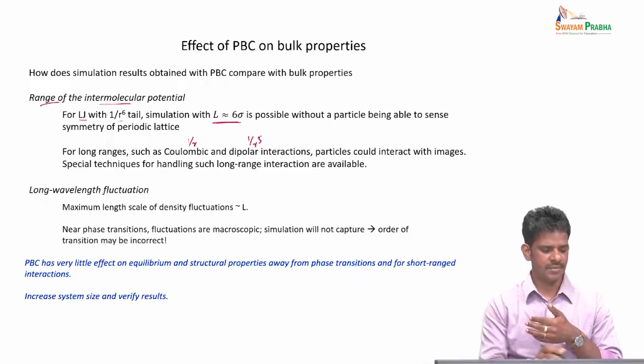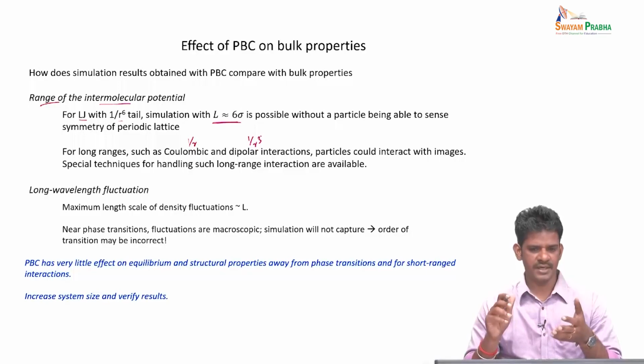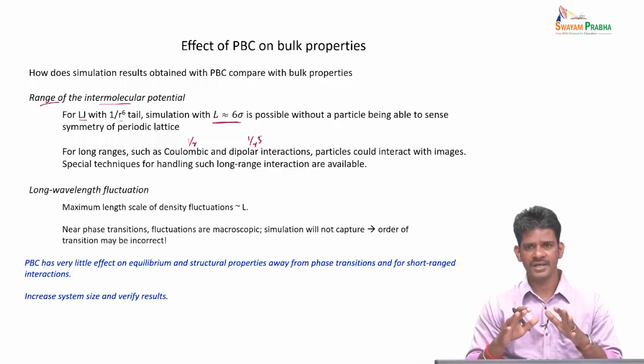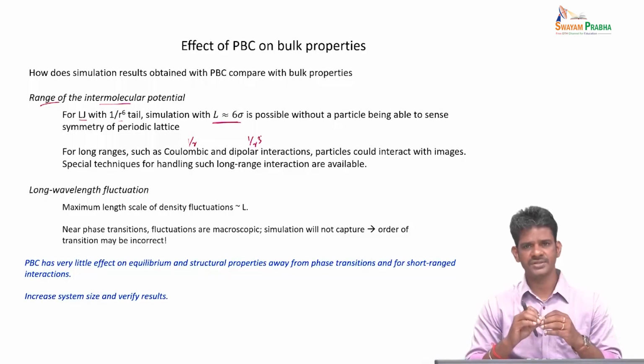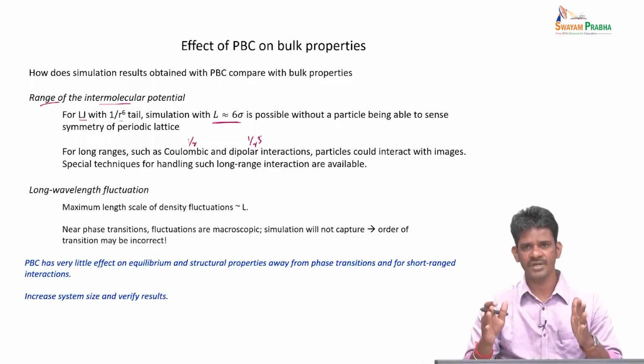The other effect is about the physical phenomenon that we want to study. As long as you look at the behavior of homogeneous, single phase fluids, the density fluctuations are very small, and you can do the simulation. But when you try to simulate any system very close to a phase transition, the density fluctuations are macroscopic, and the box size L limits the wavelength of fluctuation that can be accommodated.